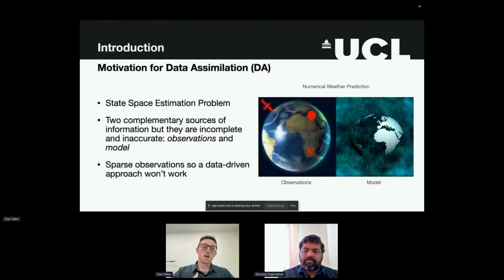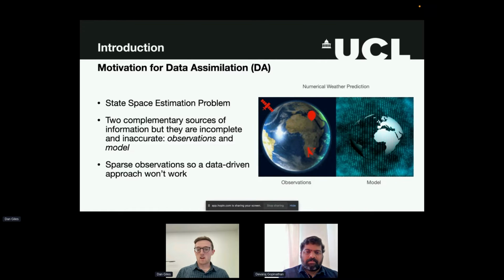The main use of data assimilation in this case is to use both these sources of information and marry them together such that you get the best estimate of your state space. Once you have your best estimate of your state space, i.e. your atmosphere, you then feed that back into your numerical model, or your physics model, to forecast forward in time.